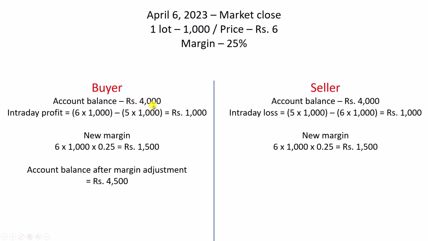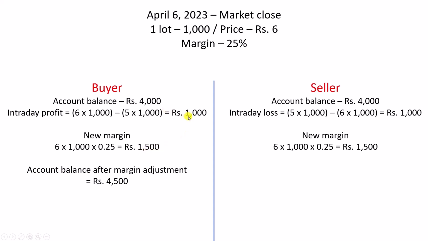See, account balance at 10 a.m. was 4000 rupees. At the end of the day, the buyer was in 1000 rupees profit. And the new margin required according to the new calculation is 1500 rupees, meaning he has to pay extra 500 rupees to maintain this margin.